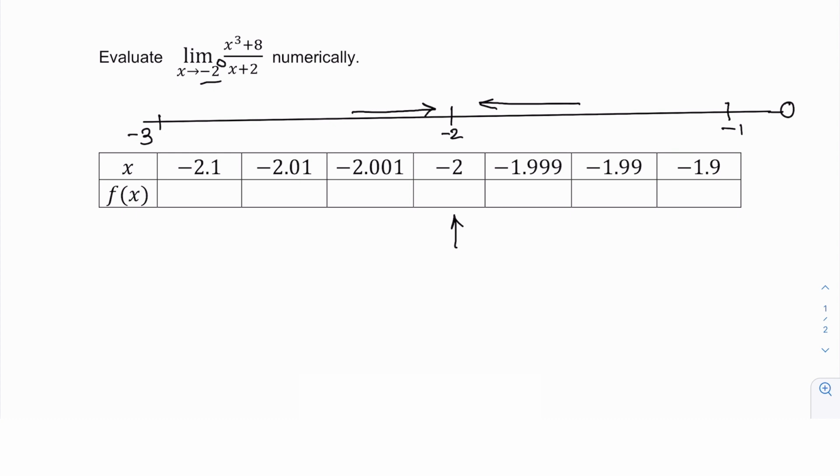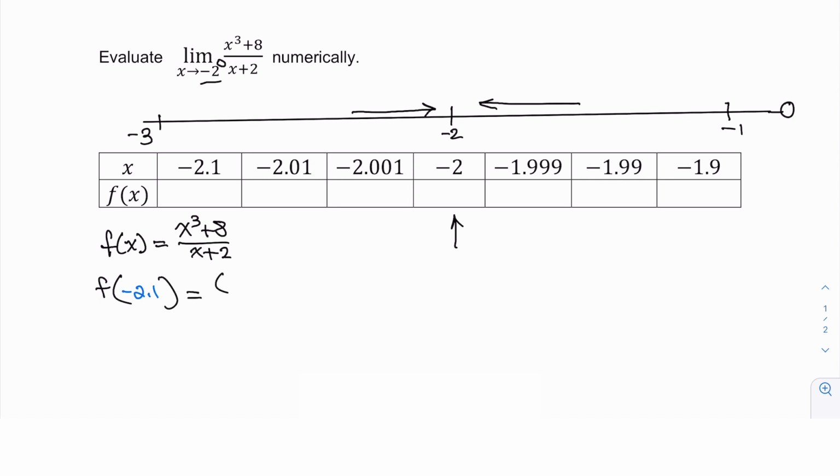So in this specific case, my function f of x is that expression that you're taking the limit of, x cubed plus 8 over x plus 2. So if I'm finding for my first x equal to -2.1, I'm evaluating f of -2.1.